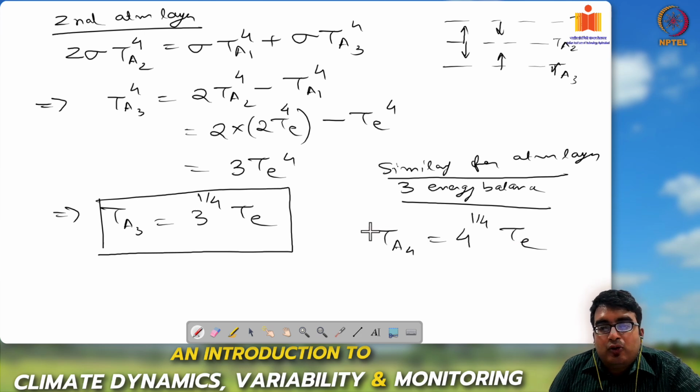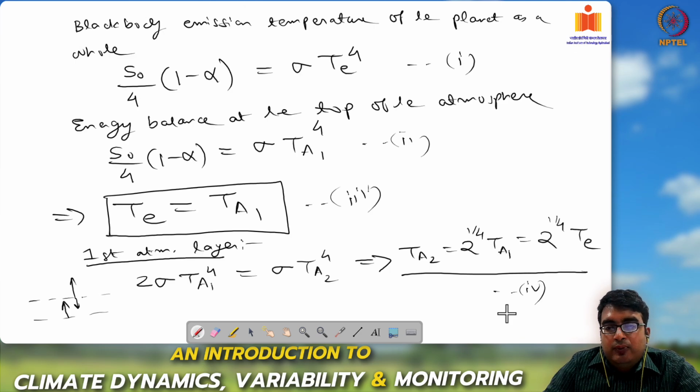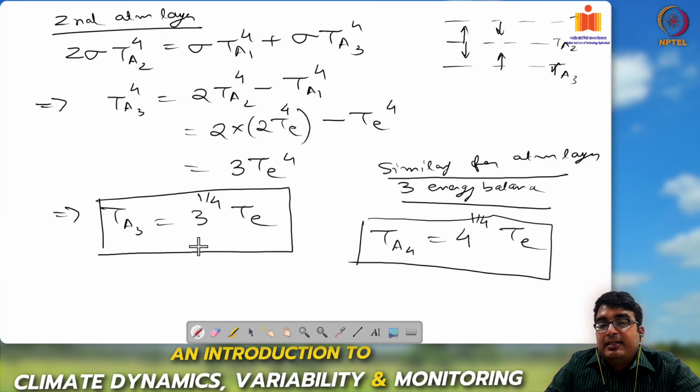It's always going to go up by one value. Okay. So basically you can think of it this way: Ta1 is 1 to the power 1/4 Te, Ta2 is 2 to the power 1/4 Te, Ta3 is 3 to the power 1/4 Te, Ta4 is 4 to the power 1/4 Te.